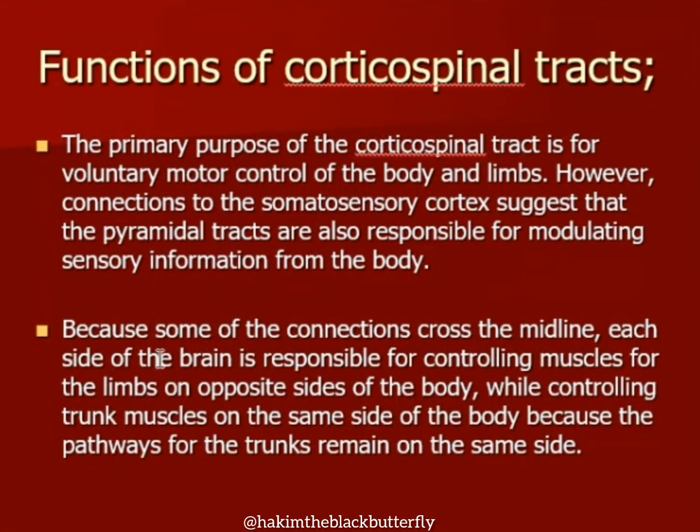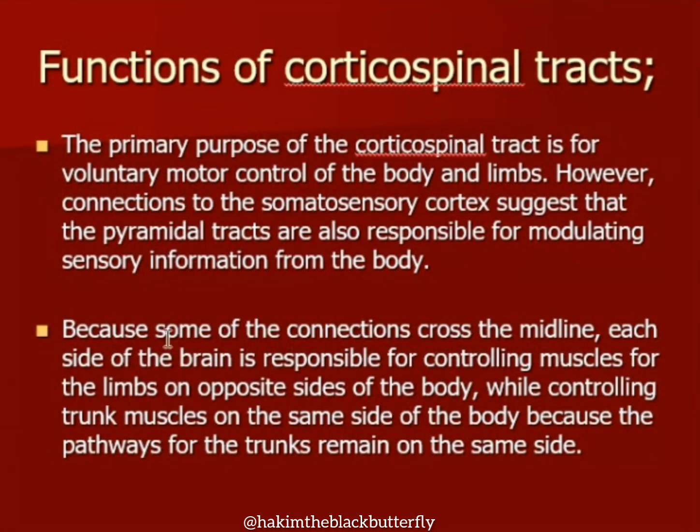And here I'm saying that because most of these descending tracts cross to the opposite side, it means that the tract on the right is responsible for controlling muscles on the left, and the tract on the left is responsible for controlling muscles on the right.